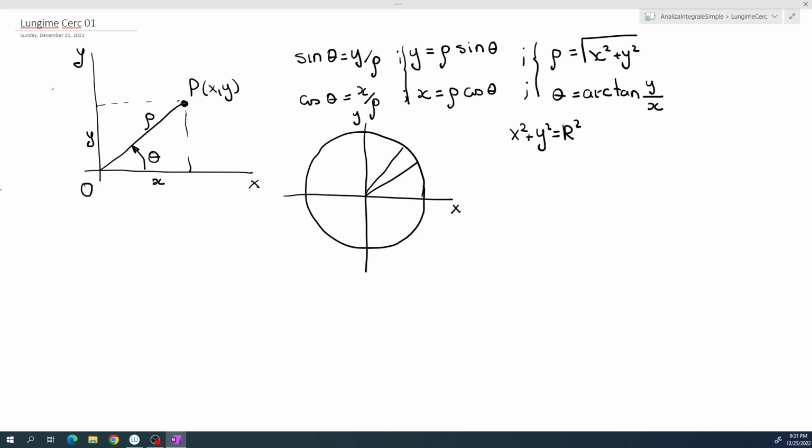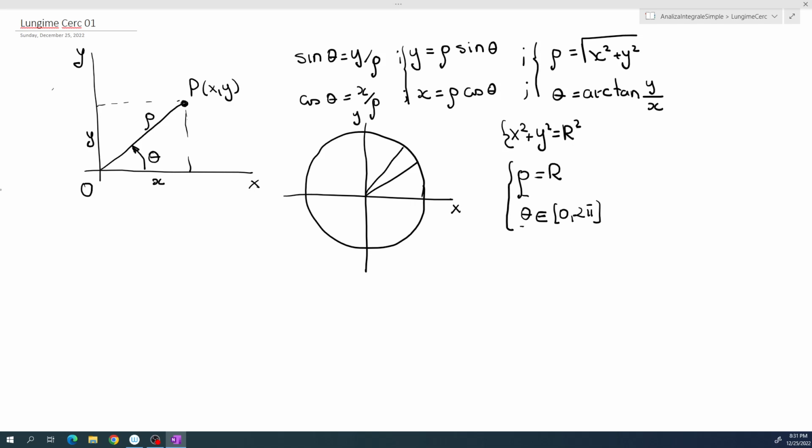The equation of the circle using polar coordinates will be rho equal to r, because this is what the circle is, the set of points which are at equal distance from the center, and theta goes from 0 to 2 pi. And we see already that in the case of polar coordinates, rho and theta are independent.